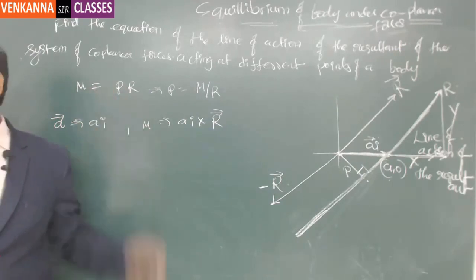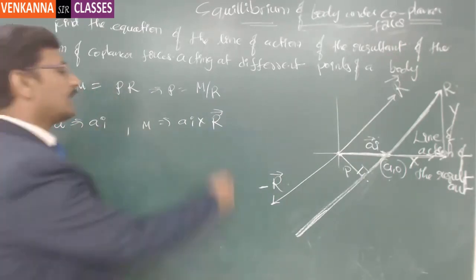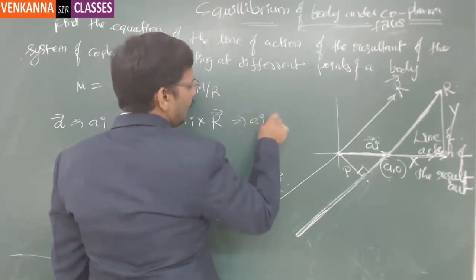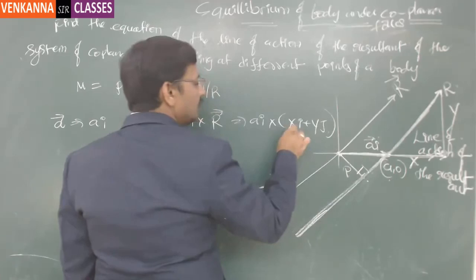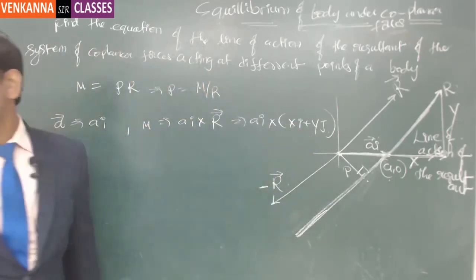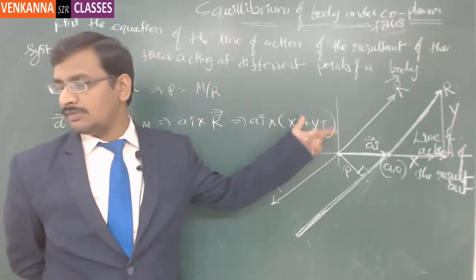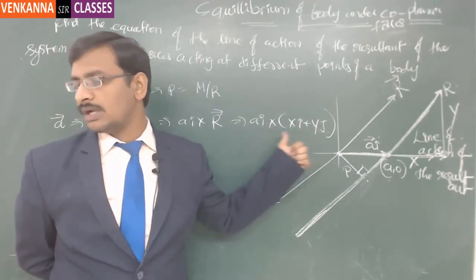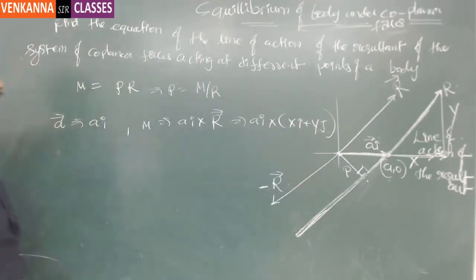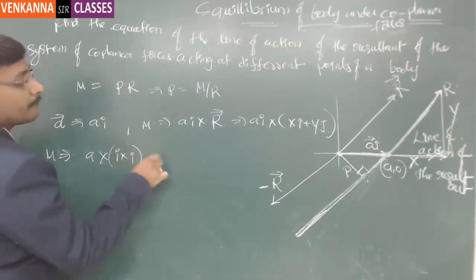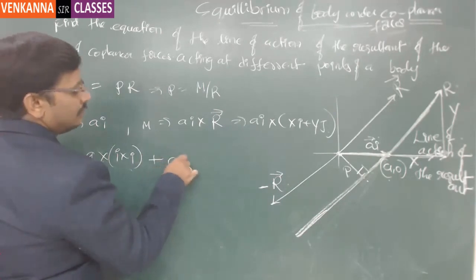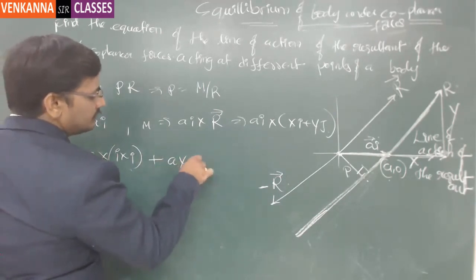It will be the same, and then this R can be written as Xi plus Yj, because capital X is the force component along the x-axis and capital Y is the force component along the y-axis. Now if I do the cross product, M is equal to Ax into i cross i plus Ay into i cross j.